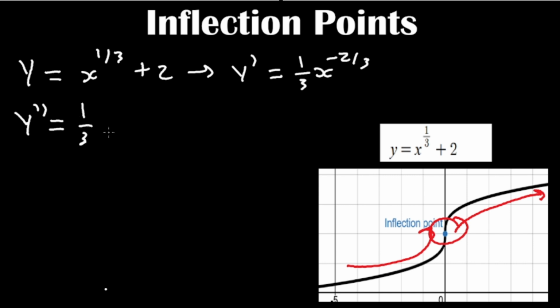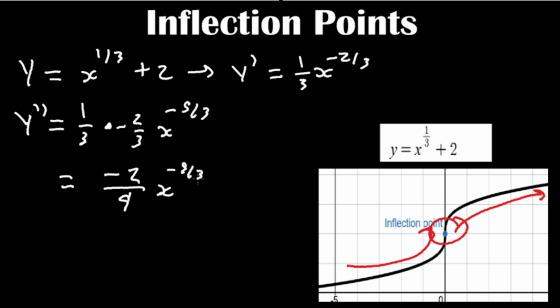So 1/3 out in front, and then using the power rule, we bring the power down and decrease the exponent by 1. So 1/3 times negative 2/3 x to the negative 2/3 minus 1. That's negative 5/3. So this is negative 2 over 9 x to the negative 5/3.